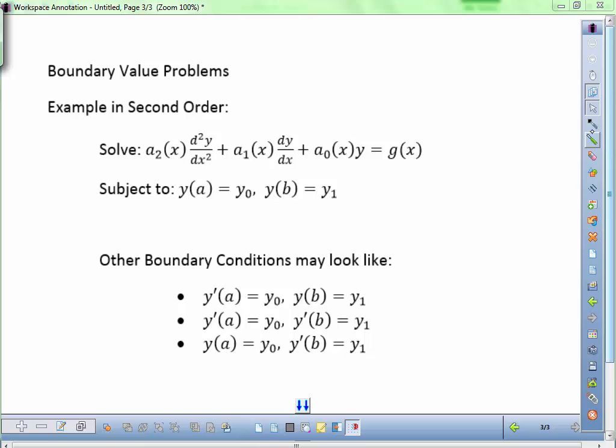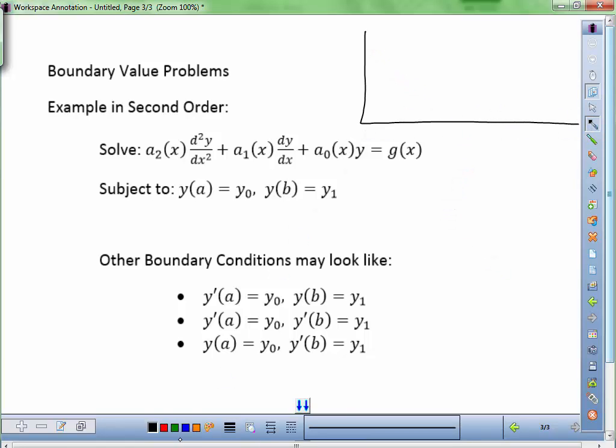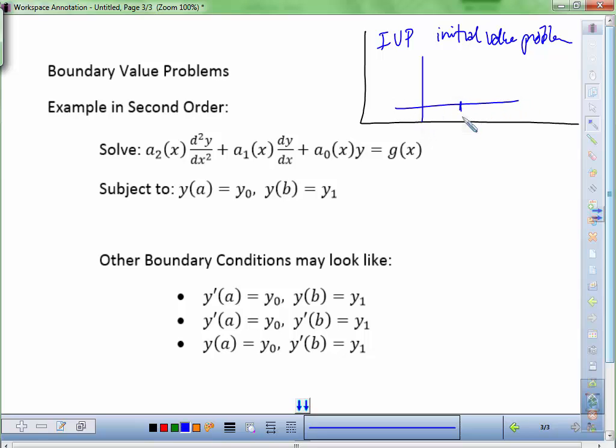What they do instead, let's see if I can get a graphic of an initial condition. So IVP, initial value problem, takes a look at a point here. Let's call it x naught and y naught.